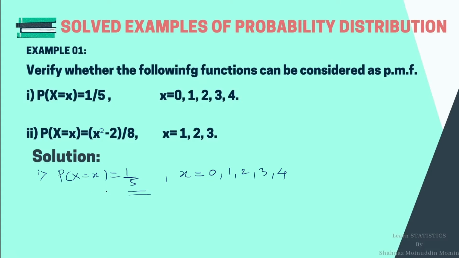Here we know that the probability of x is 1 upon 5 for all these values 0, 1, 2, 3, 4, and this 1 by 5 is a positive number. Hence, the first condition, probability x greater than or equal to 0 for all x, is satisfied.